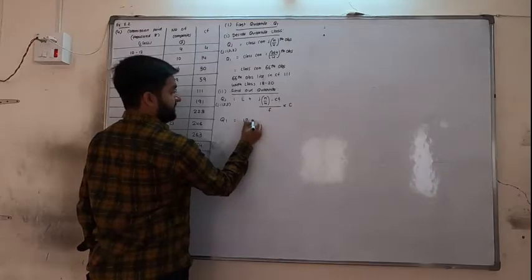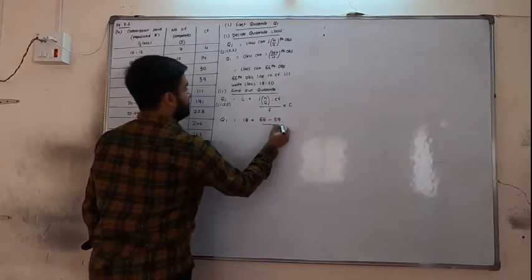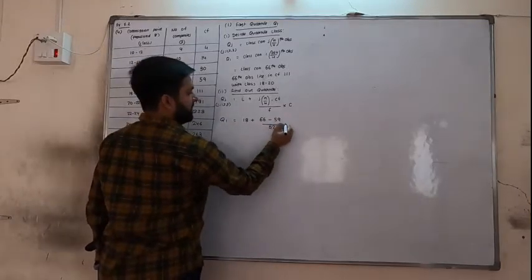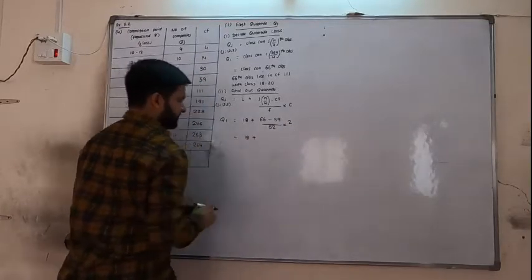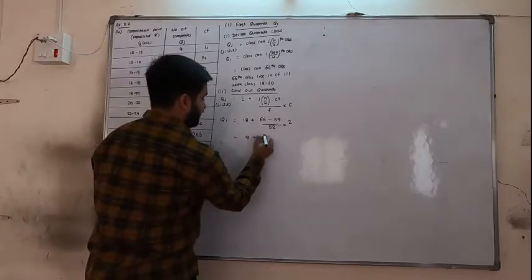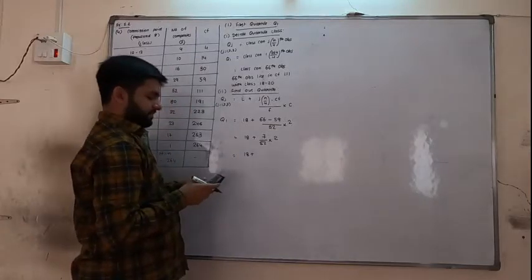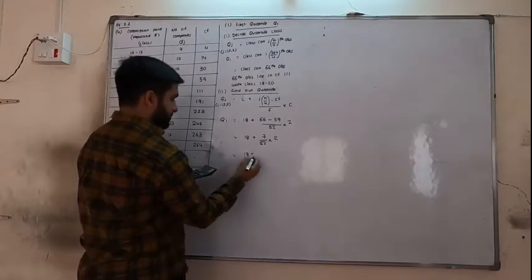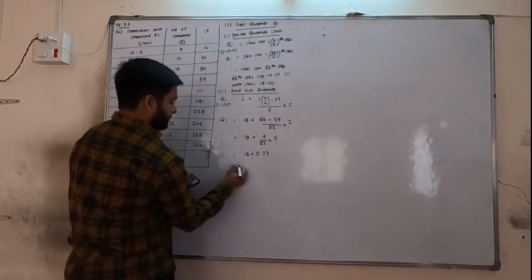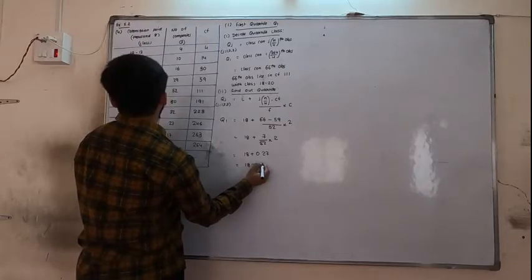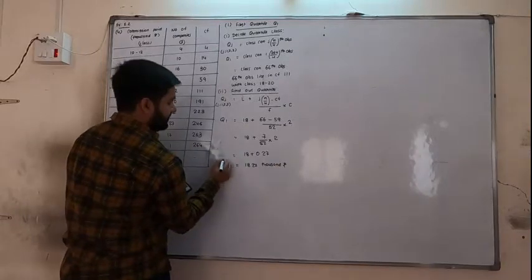L is 18, Jn by 4 is 66, CF of previous is 59, frequency of that class is 52 and class length is 2. So 18 plus (66 minus 59) is 7 by 52 into 2. So 18 plus 7 into 2 divided by 52, 0.269, so 0.27. The answer is 18.27 thousand rupees. That is Q1.